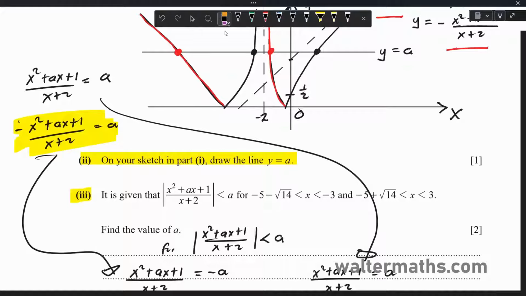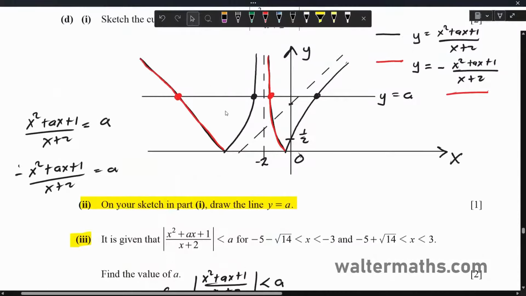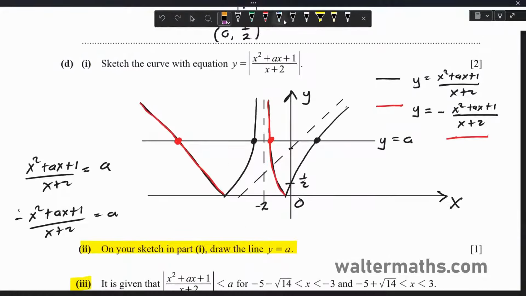It's perfectly fine. The basic thing here is not so complicated. What we are seeking to do, and we know that's going to help us find the value of a as they want, is find the points of intersection. We have 4 points of intersection, right?